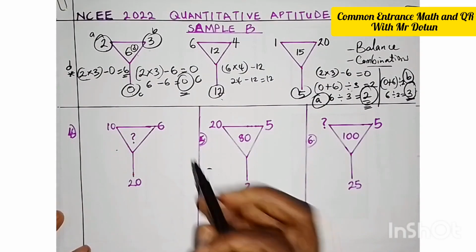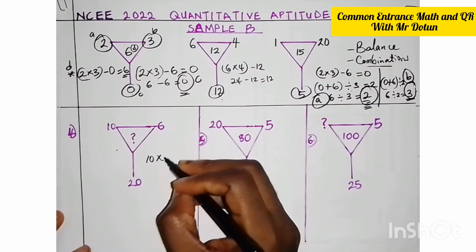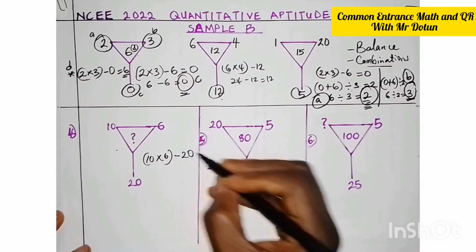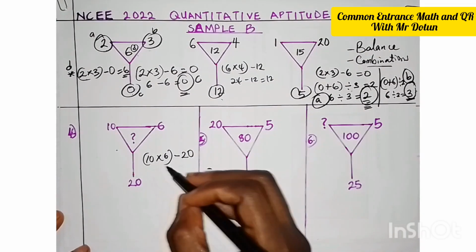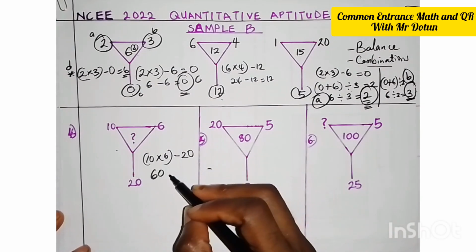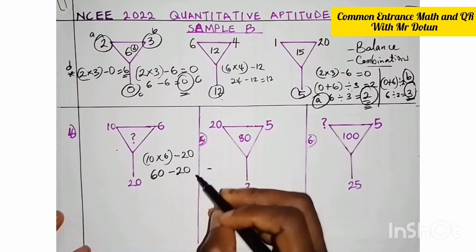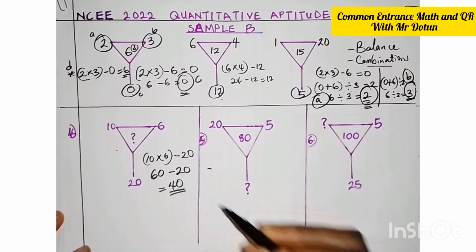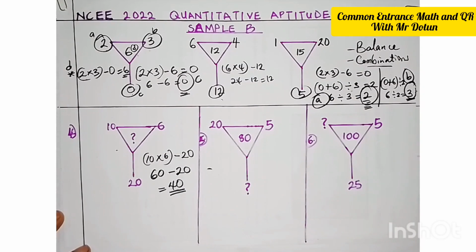So I'm going to do 10 times 6. Then whatever I got, I subtract 20 from it. Okay, so 10 times 6 is 60. And then I do 60 minus 20. 60 minus 20 is equal to 40. So the answer there is 40.